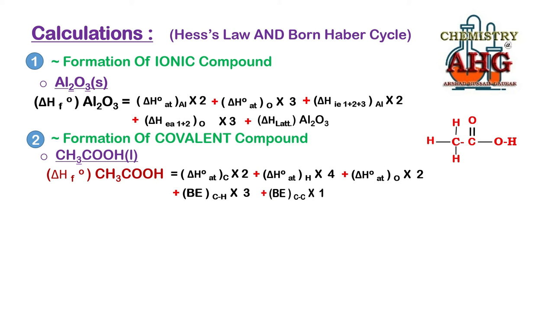So plus bond enthalpy of C-C, plus bond enthalpy of C double bond O, plus bond enthalpy of C single bond O, and the last is the bond enthalpy of the O-H bond. So in this case again you have come to know the formula to do calculations for the standard enthalpy change of formation of ethanoic acid. But in this case one additional piece of information that you must know is the displayed formula of the covalent compound.